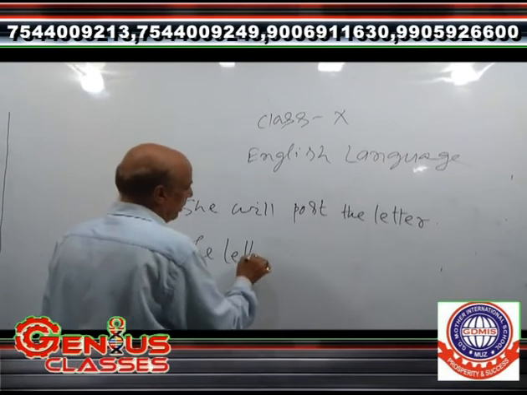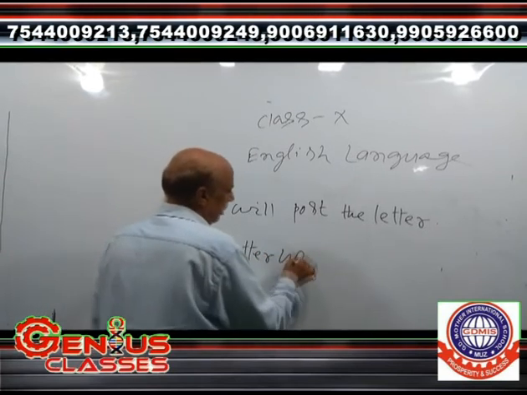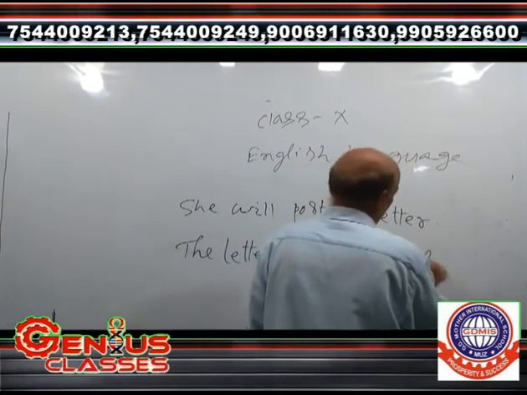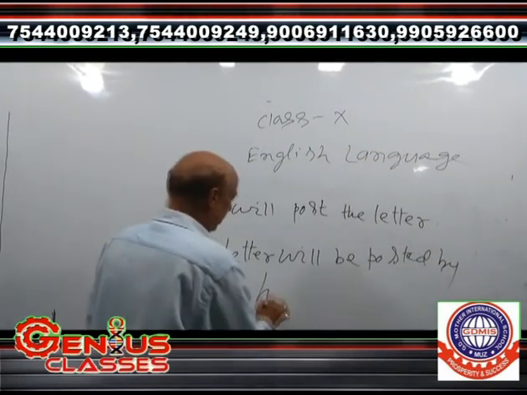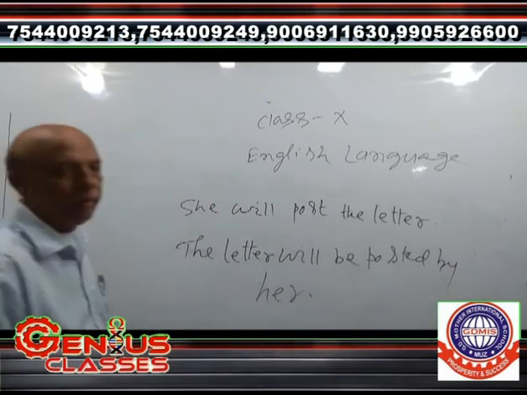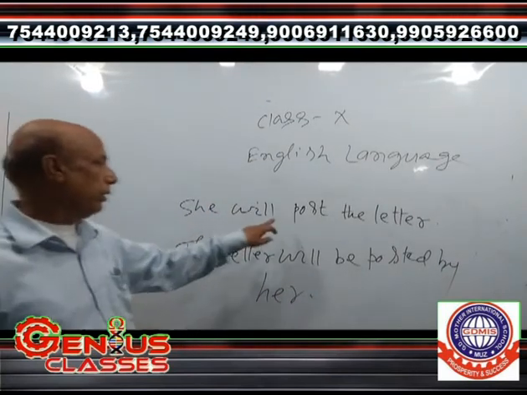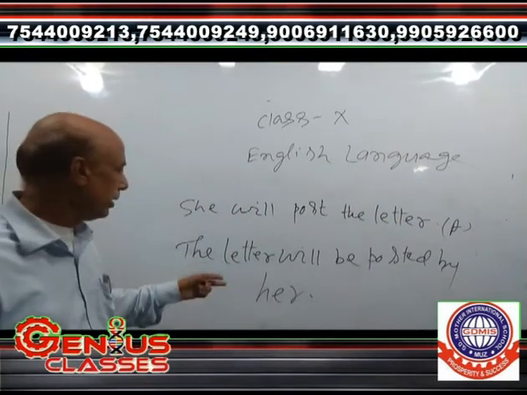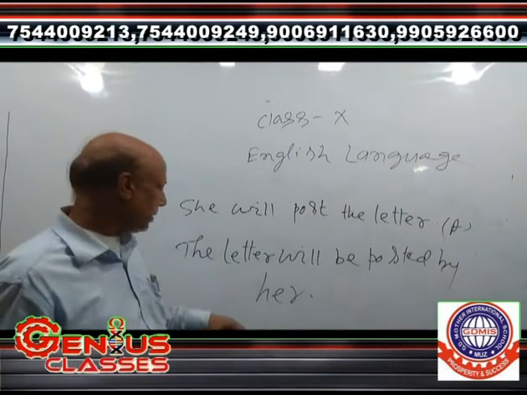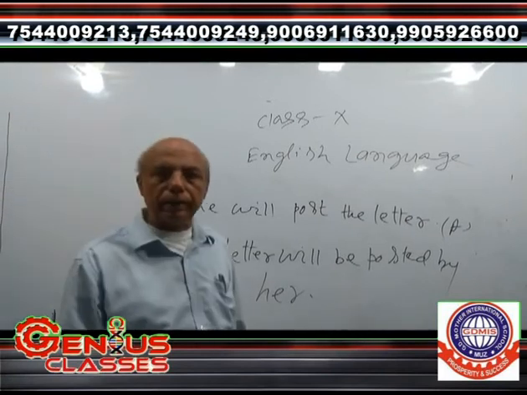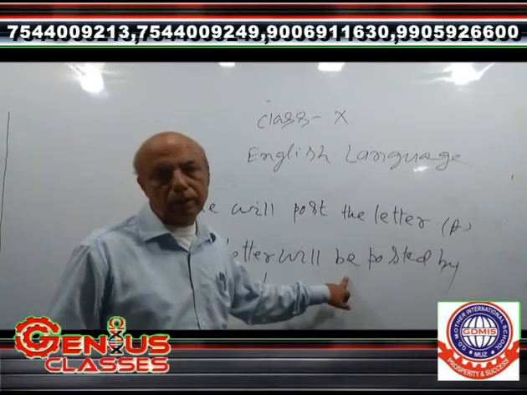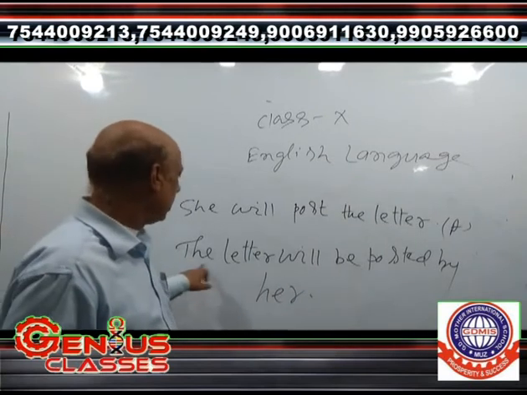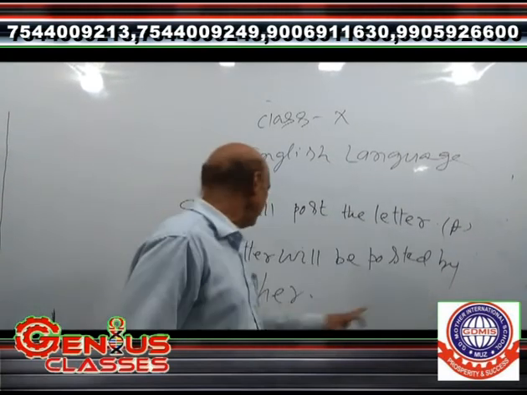The letter will be posted by her. It is in active voice. It is in future tense. It has been changed into passive, and in course of changing from active into passive, will be has been applied, and it has been made. The letter will be posted by her.